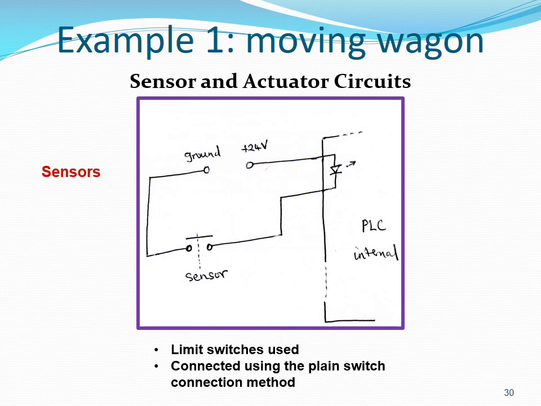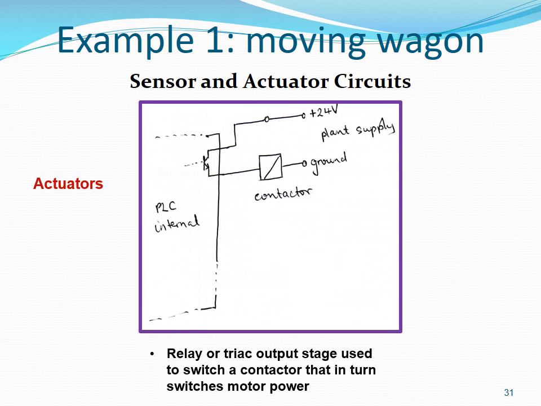Let's now look at the circuits that can be used to connect sensors and actuators to the PLC. On the sensors, we have a push to make switch and limit switches. Therefore, we can connect these sensors using the plain switch connection method. For actuators, we are using conductors.